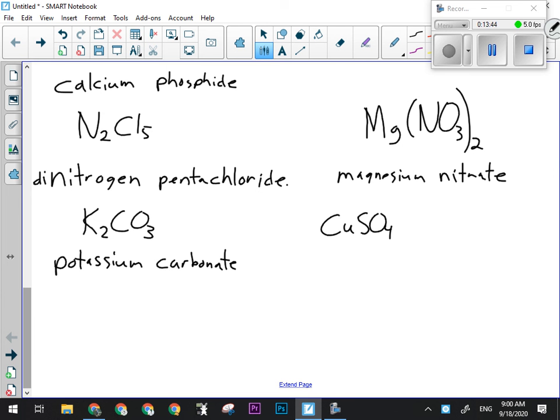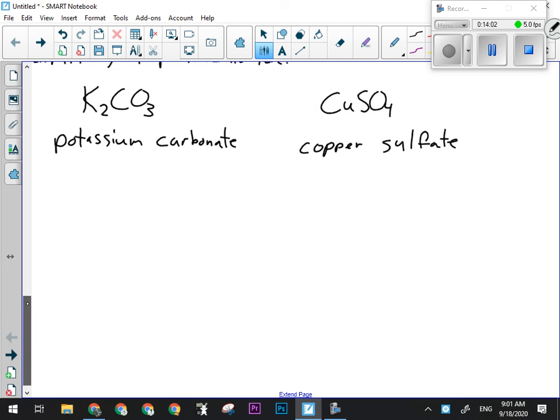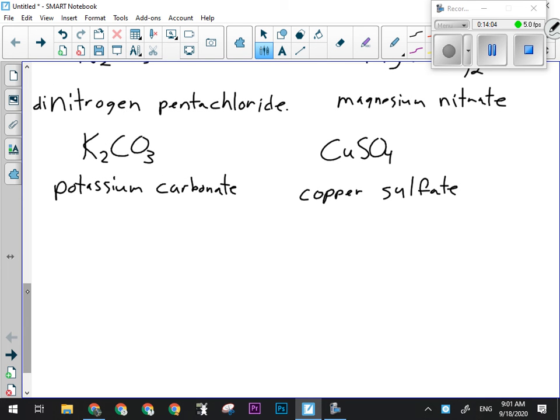Nope, actually it won't need brackets, but it's going to need Roman numerals. Exactly, okay? It's going to need Roman numerals in the name, okay? So I'm going to name the metal, copper, name the non-metal, in this case the polyatomic ion, sulfate, okay? And copper can be a 1+ or a 2+, so I've got to figure out which one it is. Everybody with me there? Okay.